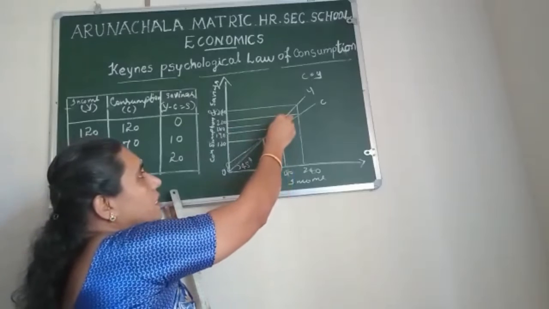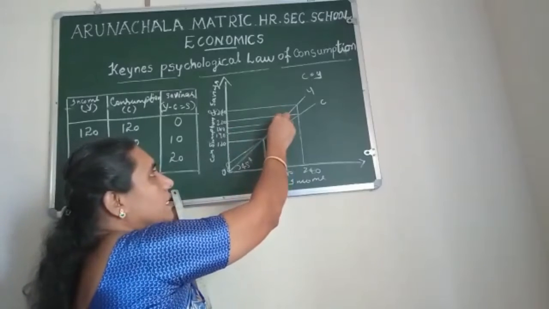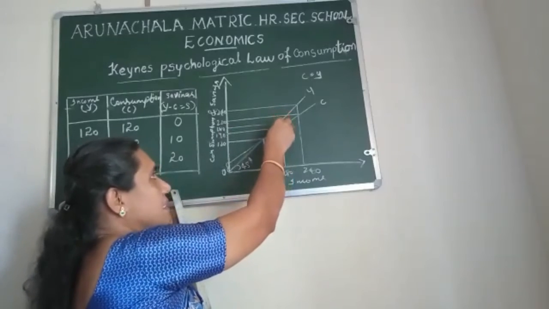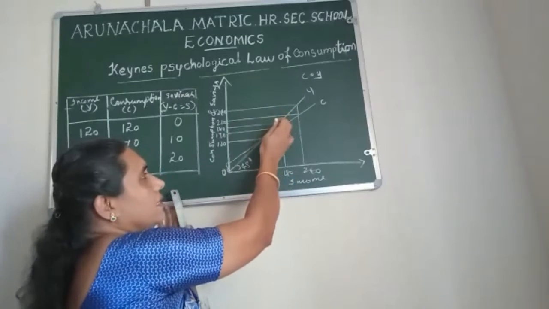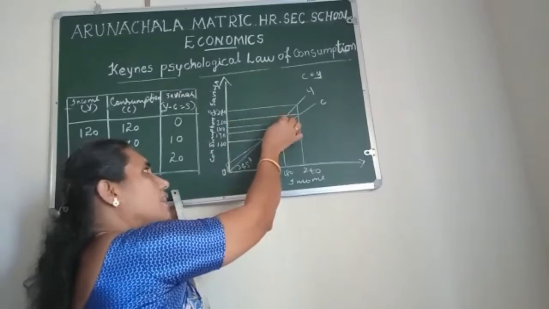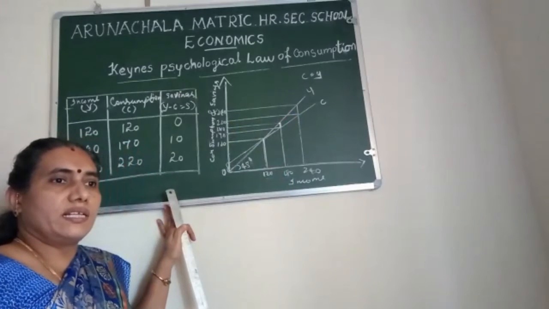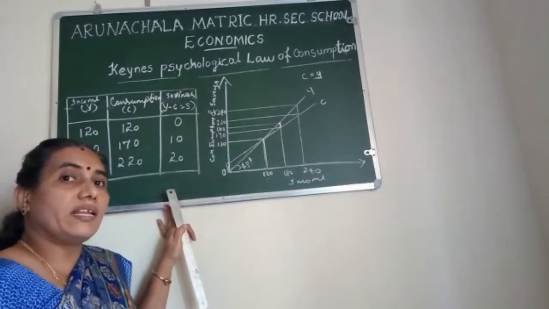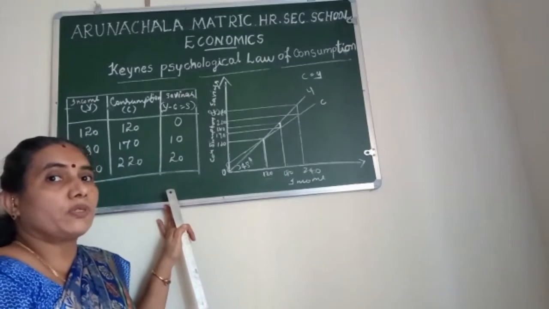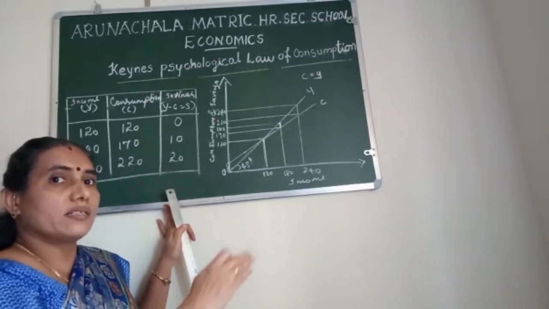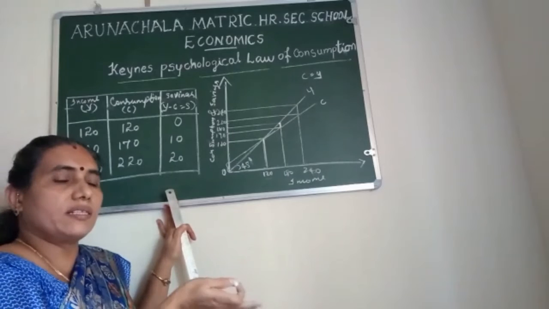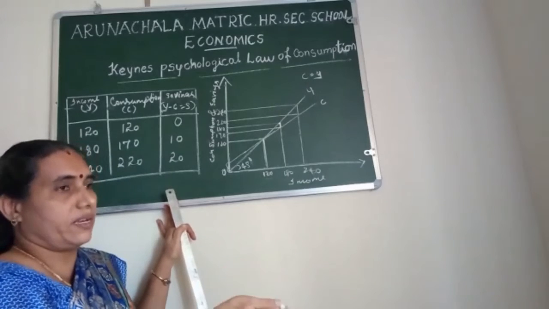Okay. So here how much is the saving? 10. So this line is the saving. Then what is the second proportion? Income is divided, some proportion to consumption and some to saving. Here we can say the same proportion also. What does that mean?